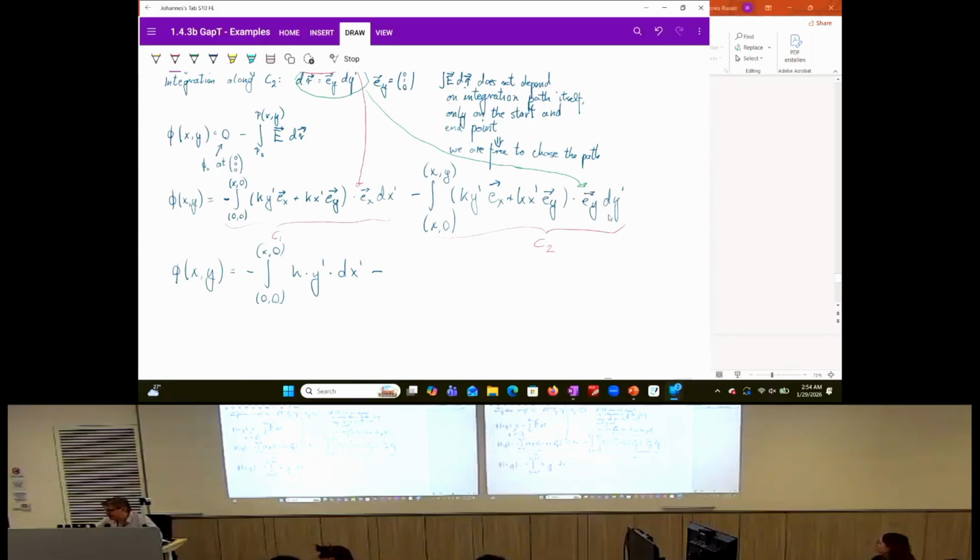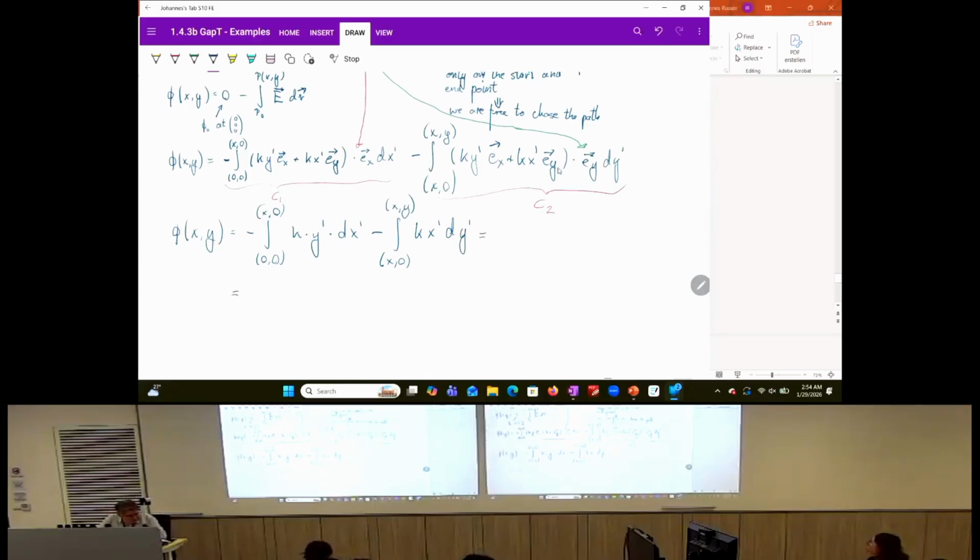So this yields in this integral only a contribution for the components oriented in y direction, which is the second one here in the bracket. So this becomes the integral from x0 to xy, k times x prime dy prime. And that we can integrate now.